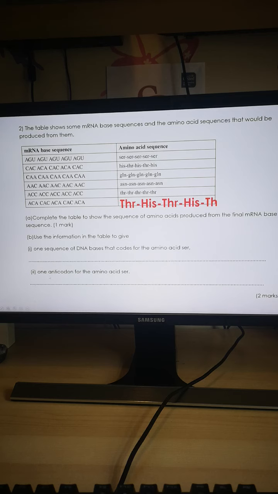And then one anticodon for the amino acid, so that would be the complementary anticodon. And you've got a choice. No, you've not. They're all the same, haven't you? Okay, so it's going to be TCA, complementary, but in DNA, and then UCA, again complementary, but in a tRNA molecule it would be uracil.